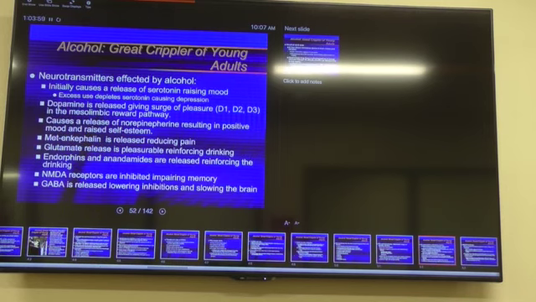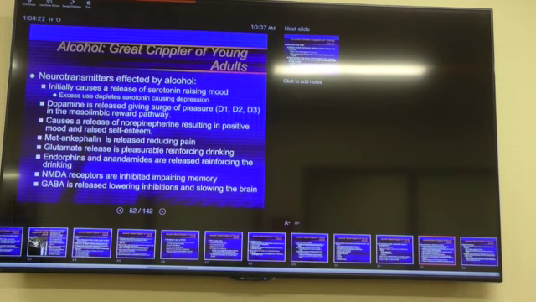Neurotransmitters affected by alcohol. Initially, it causes a release of serotonin, raising your mood, so it does make you feel good. Excess use depletes serotonin, causing depression, and this isn't good. So some people, of course, they drink so that they feel better. Yeah, but remember, the brain is always trying to protect itself.